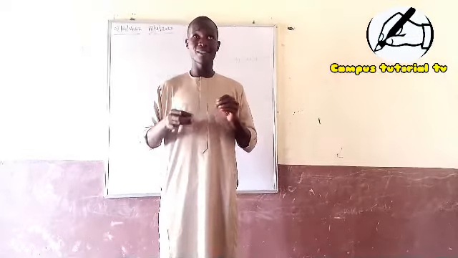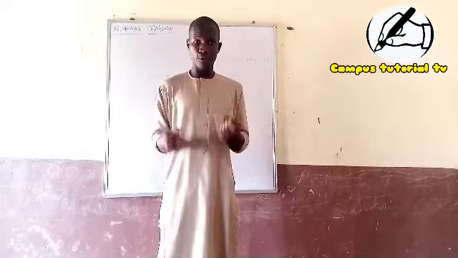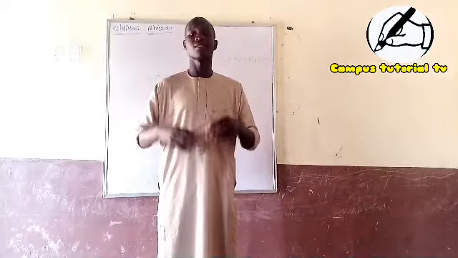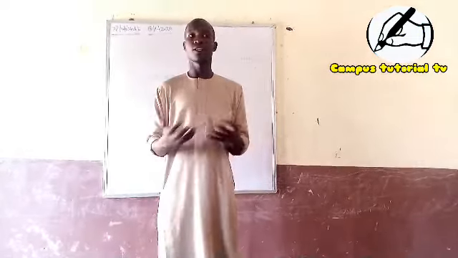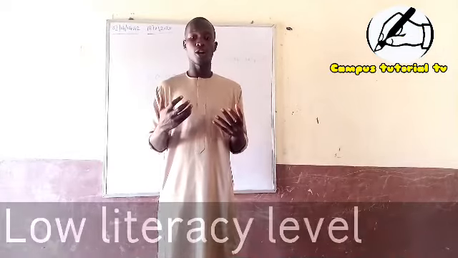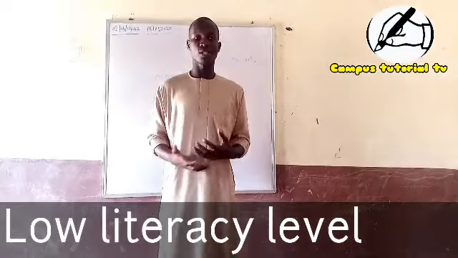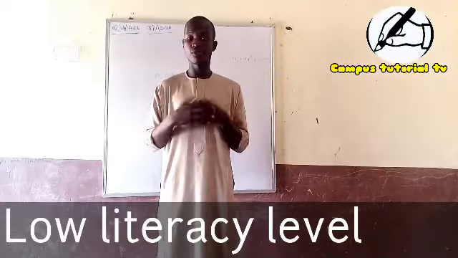And in a country where there is a high number of literate citizens, you will see that the citizens are active when it comes to government policy processes, programs, and what have you.